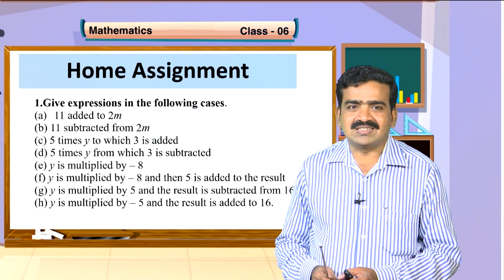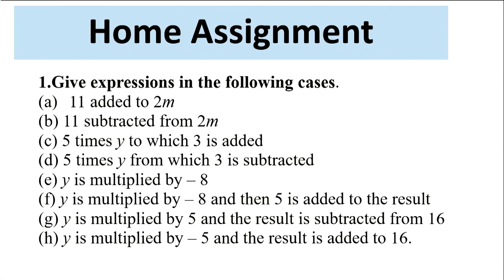The question is like this: give expressions in the following cases: 11 added to 2m, 11 subtracted from 2m, 5 times y to which 3 is added, 5 times y from which 3 is subtracted, y is multiplied by minus 8, y is multiplied by minus 8 and then 5 is added to the result, y is multiplied by 5 and the result is subtracted from 16, y multiplied by minus 5 and then the result is added to 16.